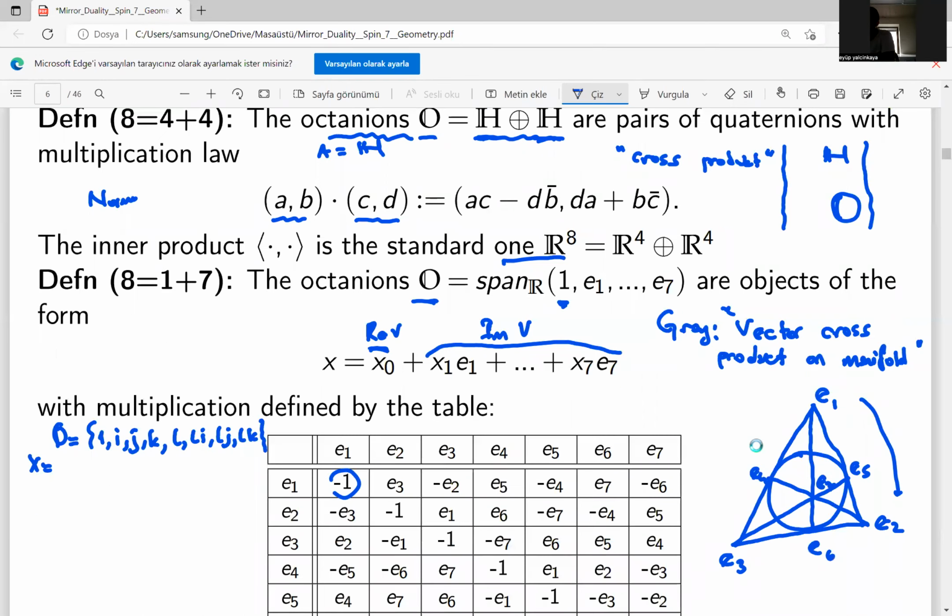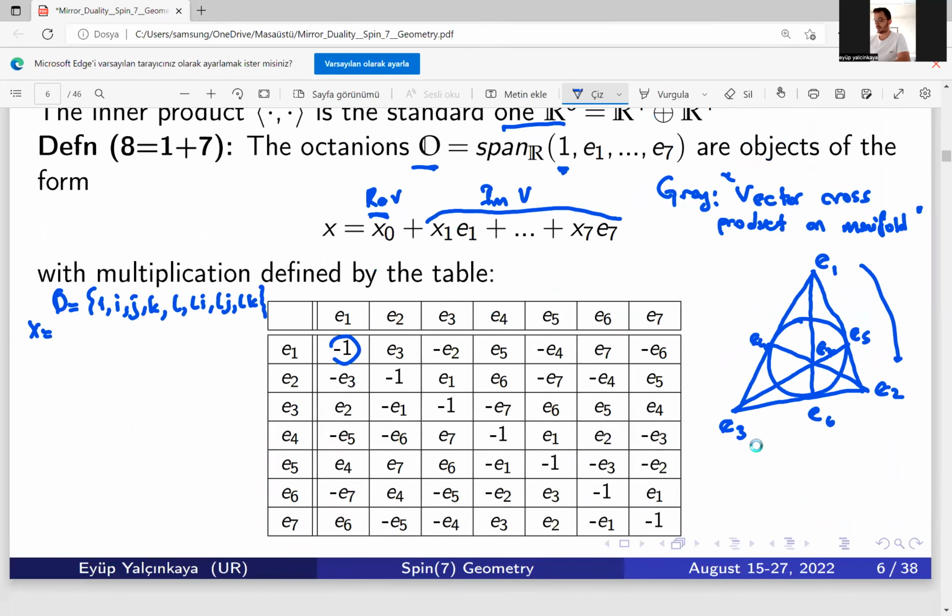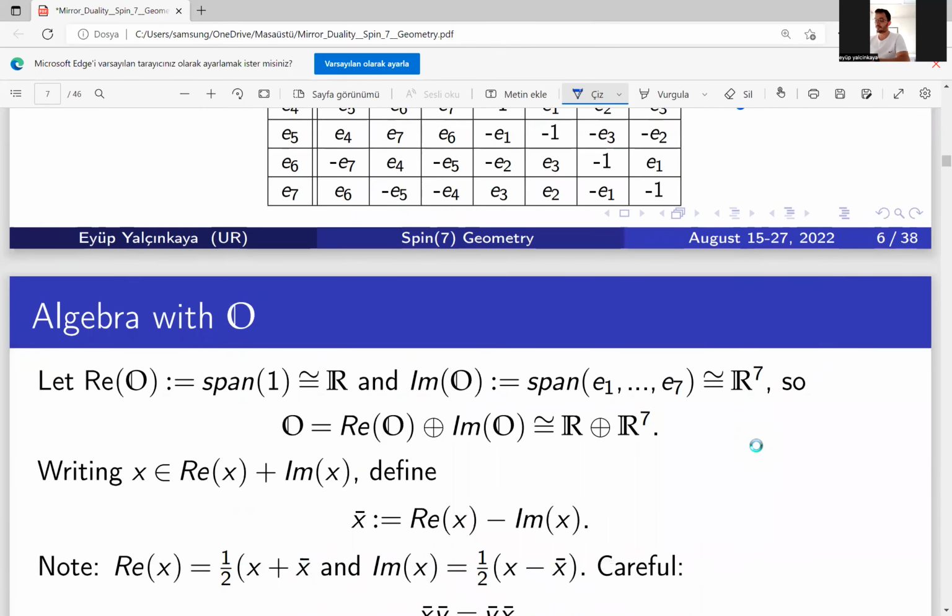But if you look at the octonion with 1 and 7 non-unit basis elements, this construction gives us a general picture, and to understand our picture is a little bit harder than the previous one. But both of them give us the same result.